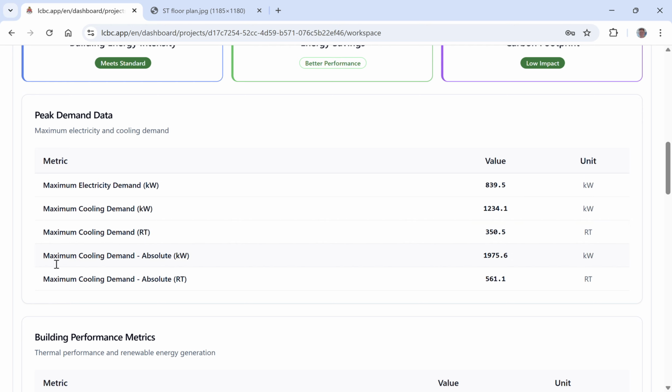We also have the maximum cooling demand, and that is the absolute value measured over the year. But these two, often you don't design for that, because that would be just a short period of time, and it's okay for most buildings to just be 1 or half a degree warmer for those brief periods of time during the year. So often you would design for the other two, the maximum cooling demand, just above.